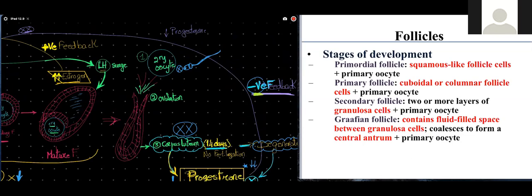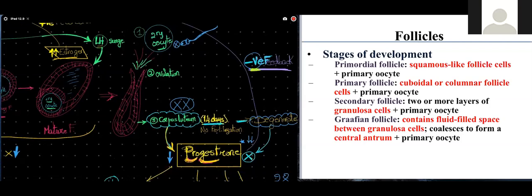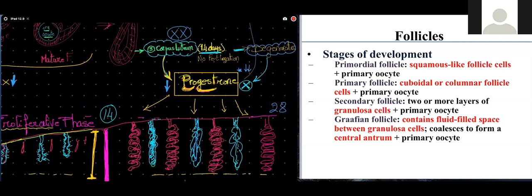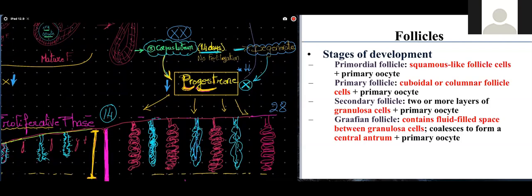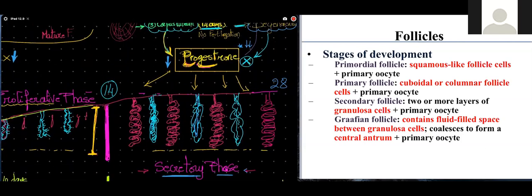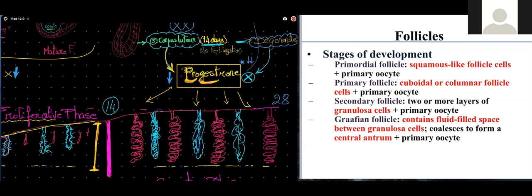And this sudden rise of LH is what we've called the LH surge. And we've seen the effects on here: maturation of primary into secondary oocyte, ovulation, and corpus luteum formation. What will be the effect of the corpus luteum? It's going to be producing progesterone for 14 days if no fertilization takes place.